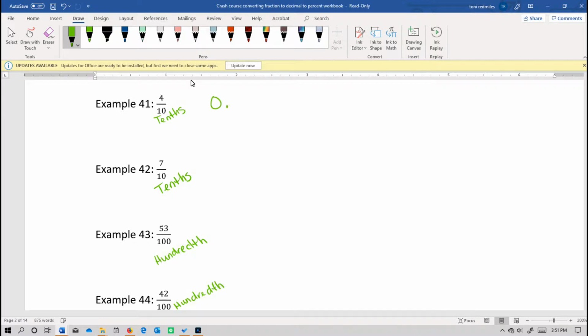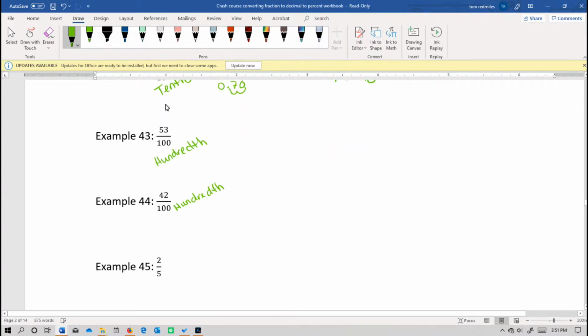So I put my numeric value in the tenths place. So it's 0.4. Well, if I move that 2 places to the right, that is also 40%. All right, so I need to put my 7 in the tenths place. That's that very first place after the decimal. And if I were to move that decimal 2 places to the right, I would have 70%.